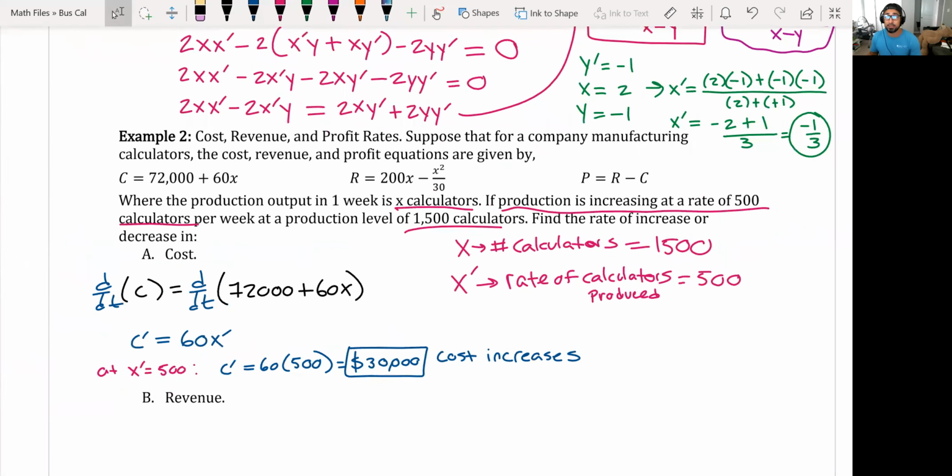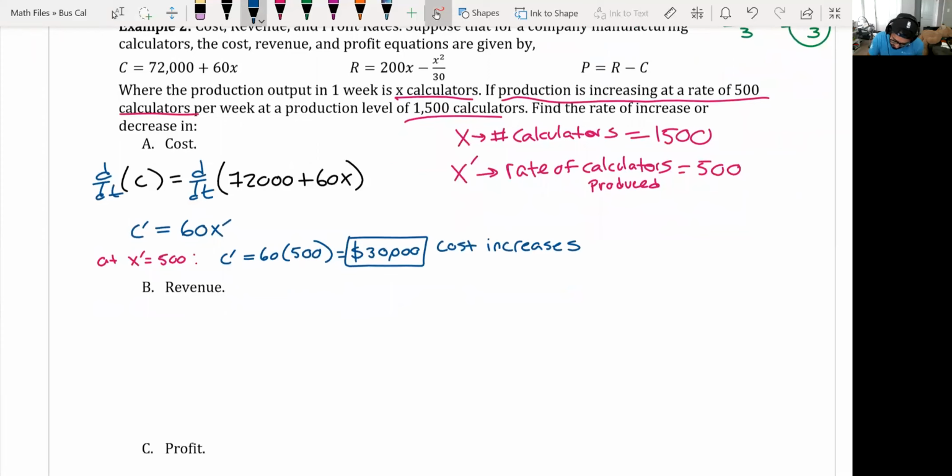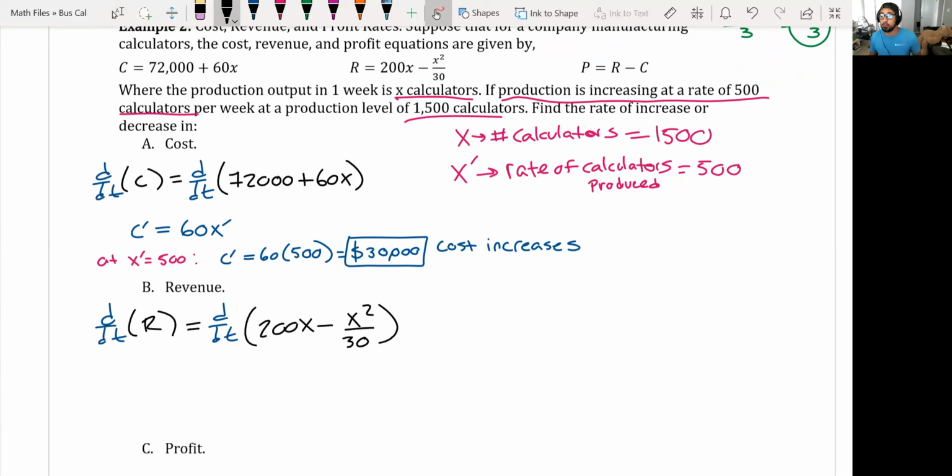Now we take the implicit derivative of the revenue function, which is right up there. So I'll write that. d over dt of r equals d over dt of 200x minus x squared over 30.